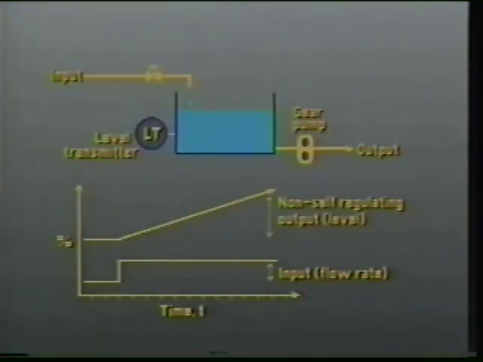Expressing this with a graph, we see that we have a one-time step change in input. As we chart the attendant change in output, however, we see that it does not stop at some level proportionate to the input change, but continues to increase indefinitely, probably until some physical constraint is encountered.